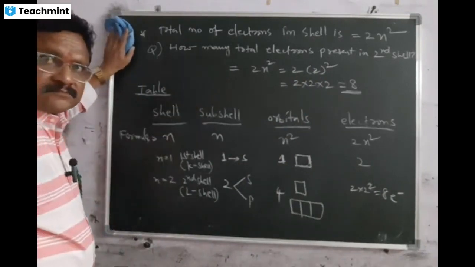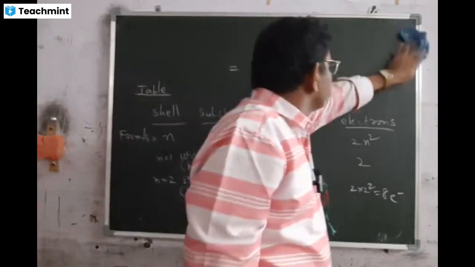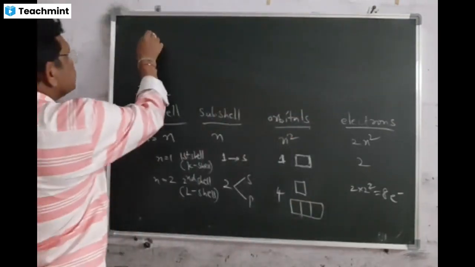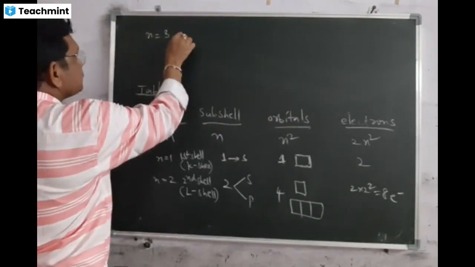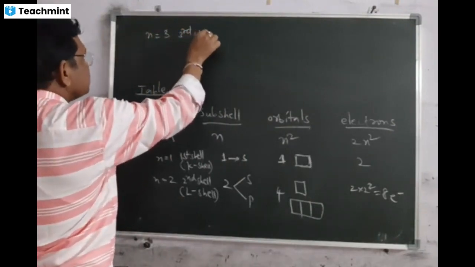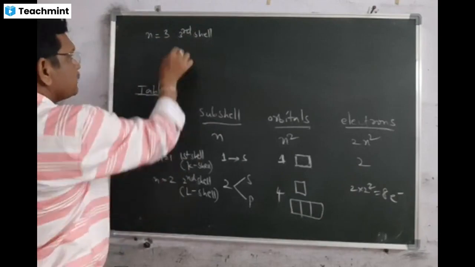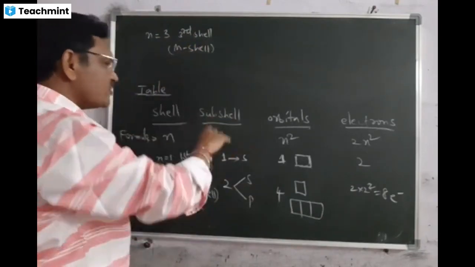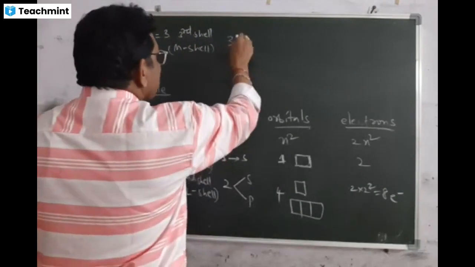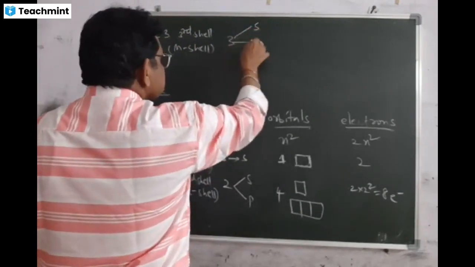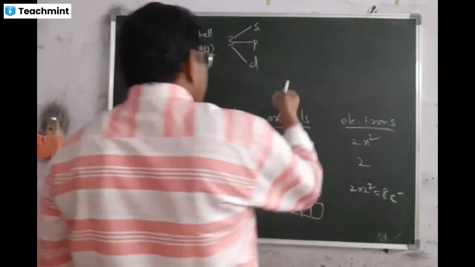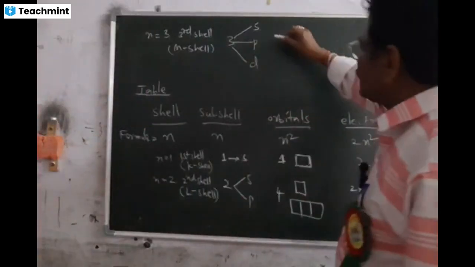See, for example, take n is equal to 3. 3 means the third shell, also called the M shell. The M shell contains how many subshells? 3 subshells: S, P and D. How many orbitals?